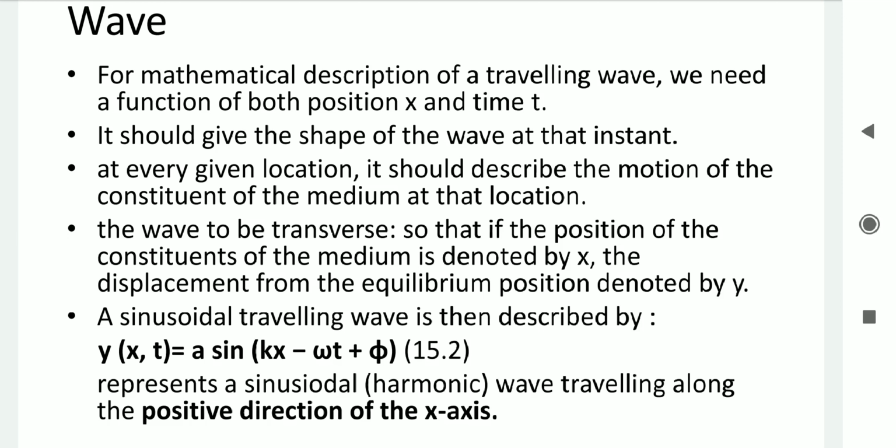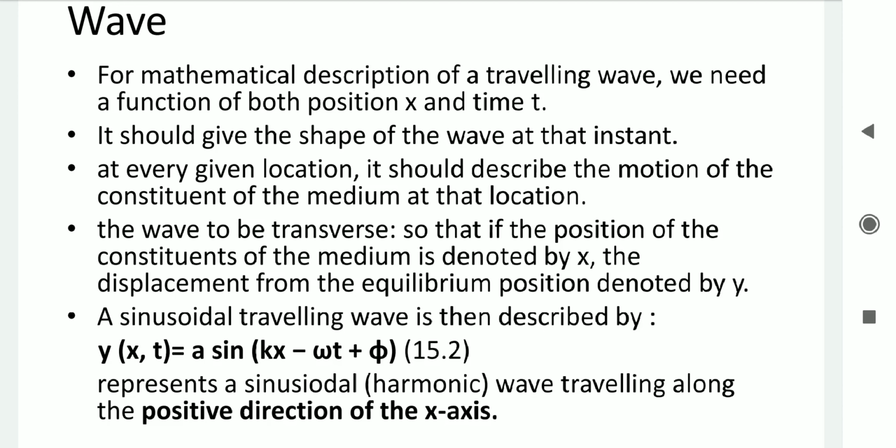The sinusoidal wave in the Cartesian system is defined by x and y coordinates. Here the traveling wave is defined as y of x comma t.